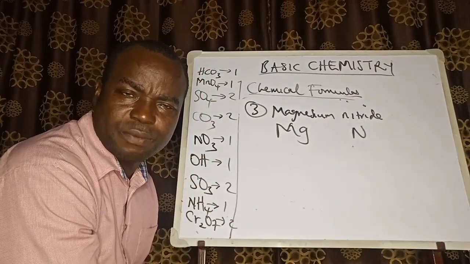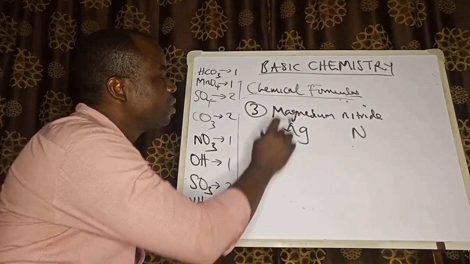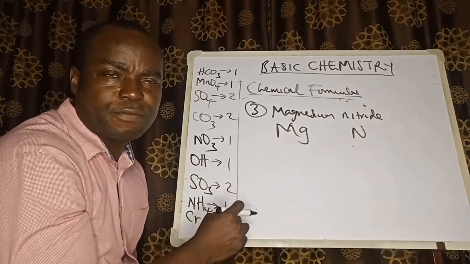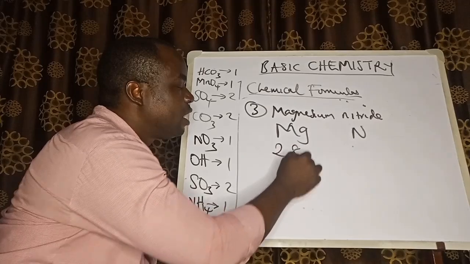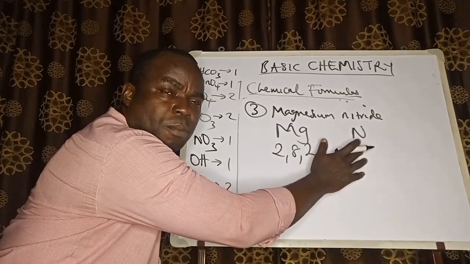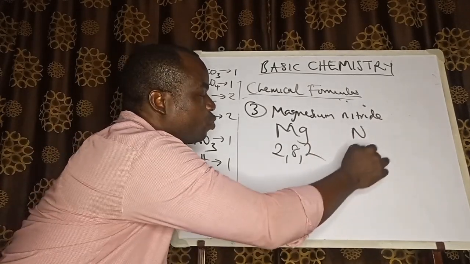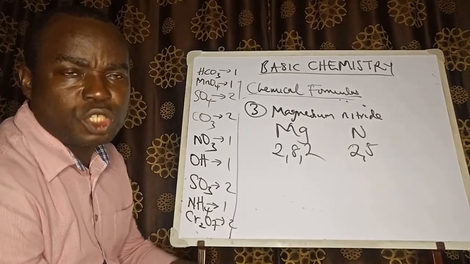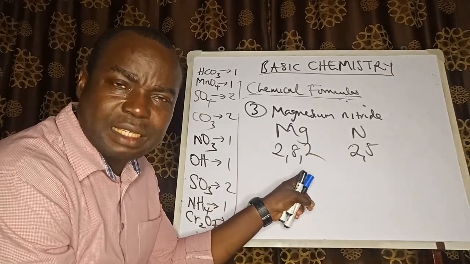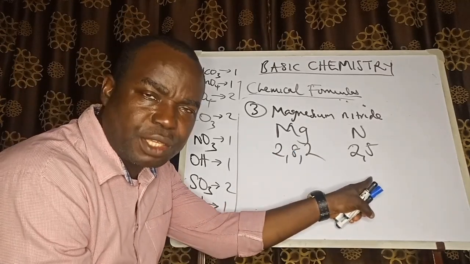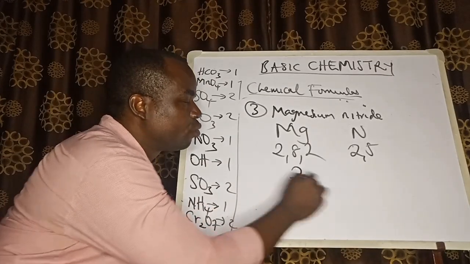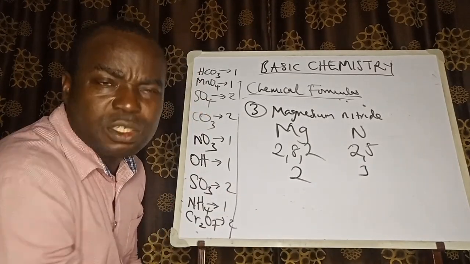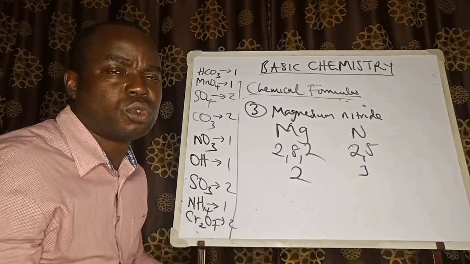Now let us exchange them. Magnesium is number 12. That's 2, 8, 2. Nitrogen is number 7. That's 2, 5. This one is going to lose 2 electrons. This one will gain 3. So the valency of this one is 2, and this one is 3. Can anything go into 2 and 3? No. So we switch.